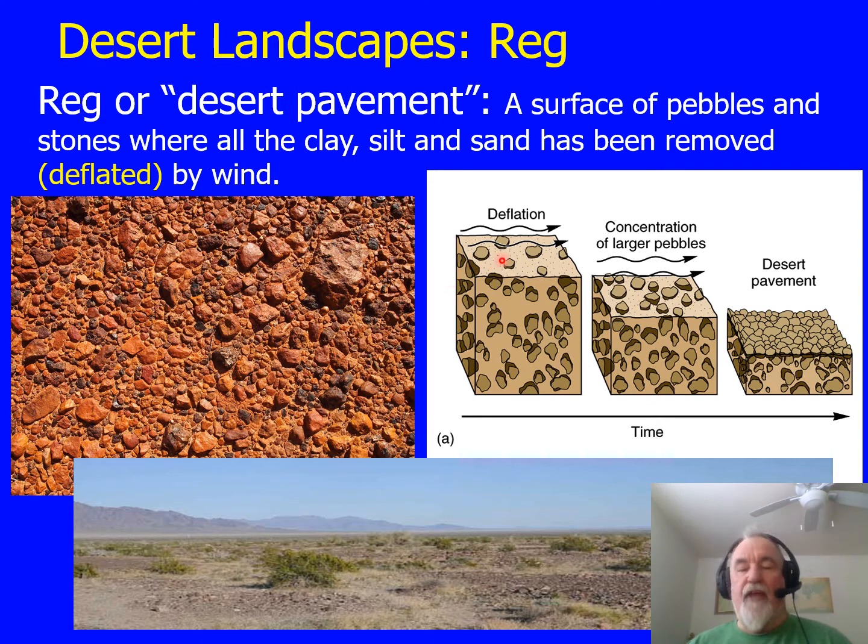So removing the sand grains leaves only this pebbly surface behind, protecting the layers below, the layers of sand. But on that surface layer, we can see lots of gravel, coarse sand, and even larger pieces of rock material. So a surface like that is referred to as reg, or desert pavement.